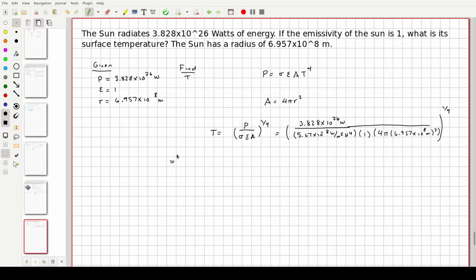Going to divide that by 5.67 times 10 to the minus 8th power, times 1, times 4 times pi, times 6.957 times 10 to the 8th power.